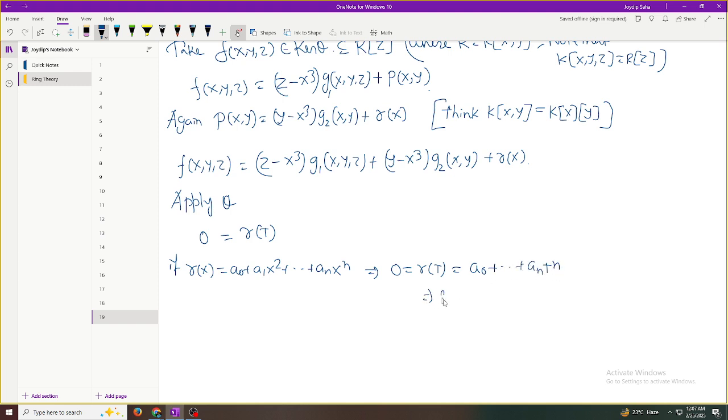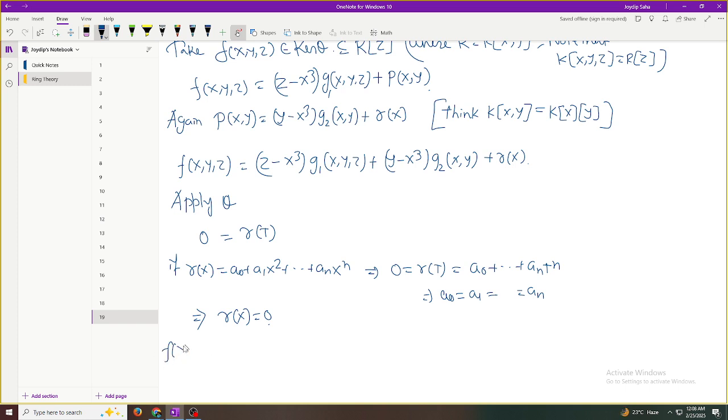This implies a0 equals a1 and all are 0, all are zeros. So this implies r(t) is 0, r(x) also 0.